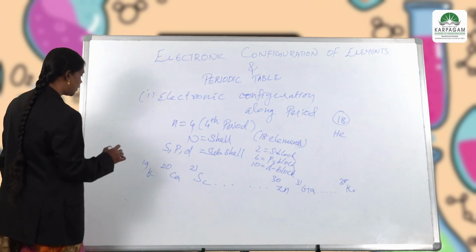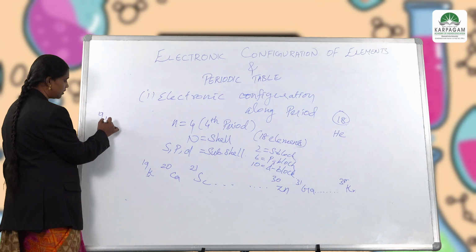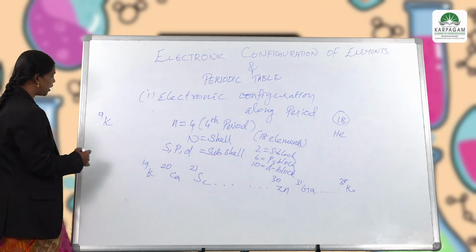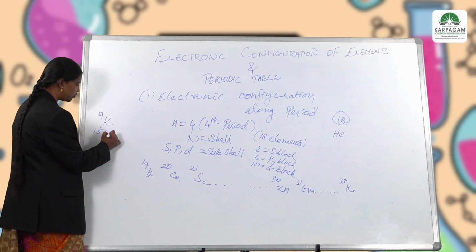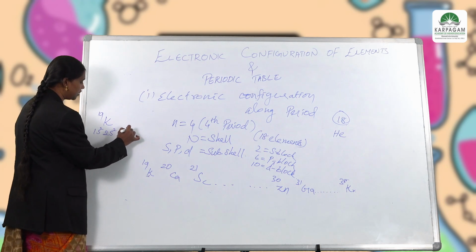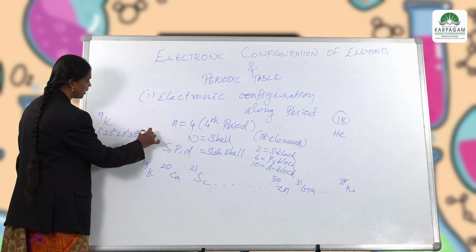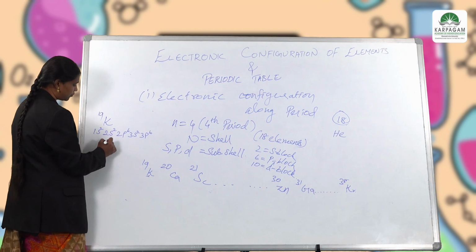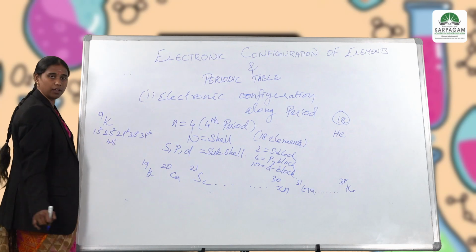Here potassium has atomic number 19. How are its electrons filled? 1s2, 2s2, 2p6, 3s2, 3p6 and 4s1.